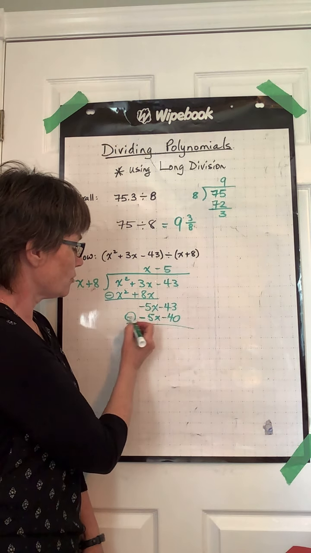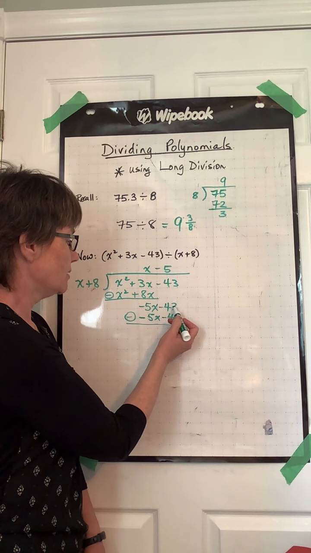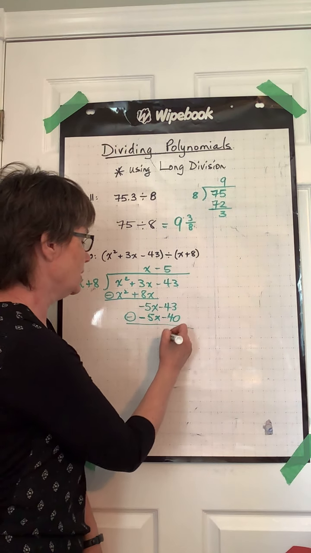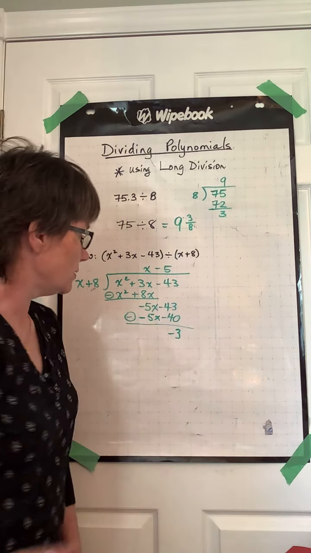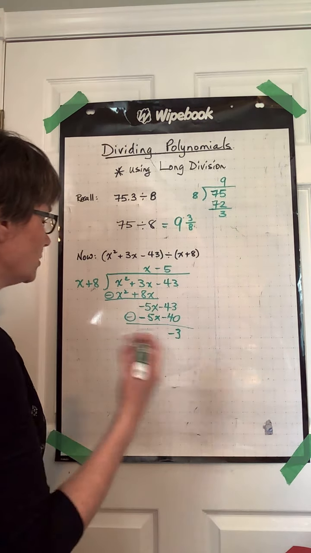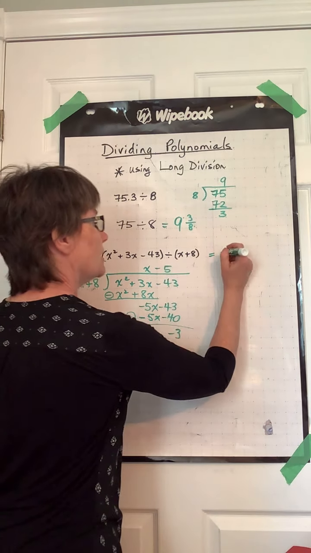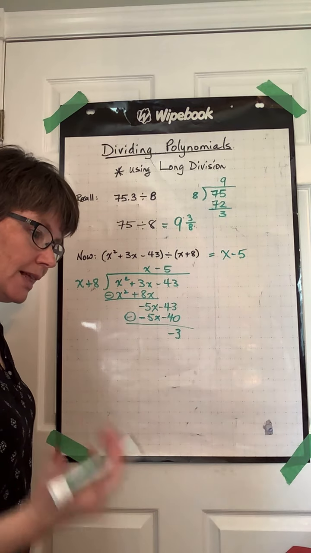Negative 5x subtract a negative 5x, so in other words, add 5x is 0. Negative 43 subtract negative 40, so adding 40, is -3. And this is our remainder. I don't have any other part of the polynomial to bring down. So this is our remainder. So the answer here is x minus 5 with a remainder of -3.